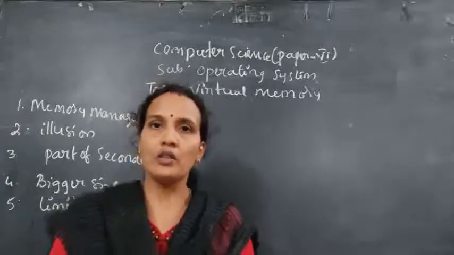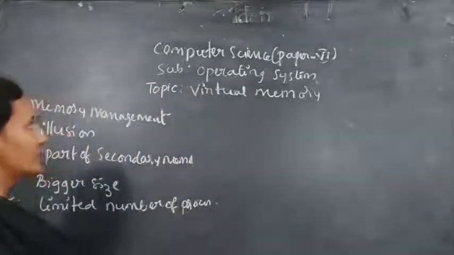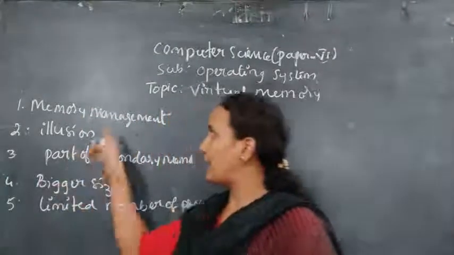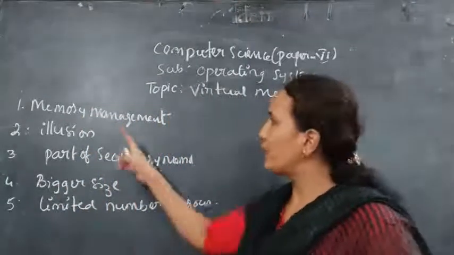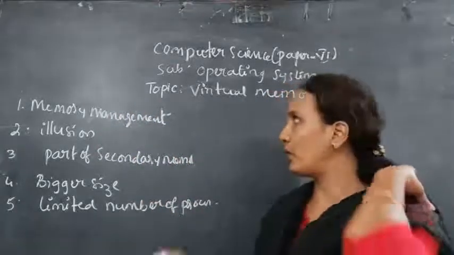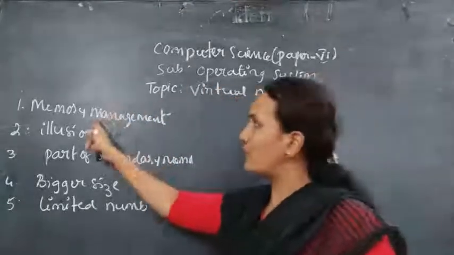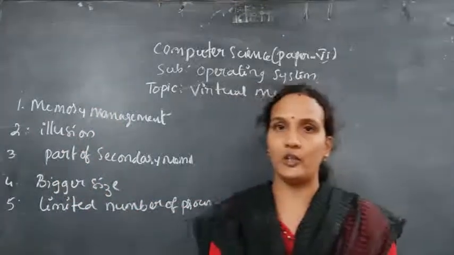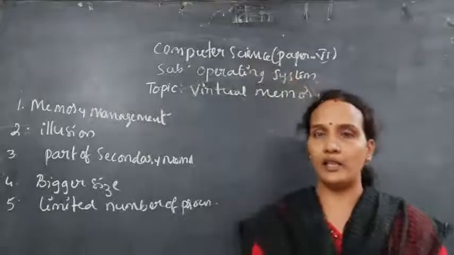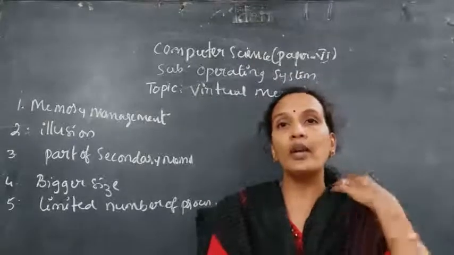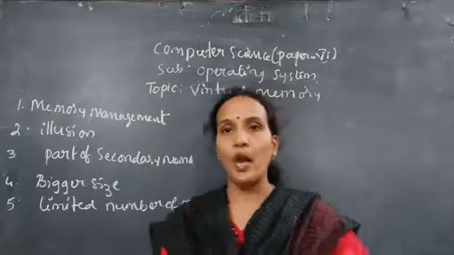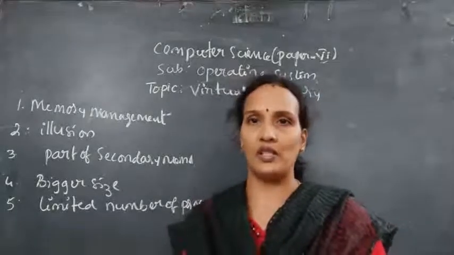Okay, so now let's go to the definition of the virtual memory. First here I have given a number of key points. In the key points itself you have a definition. Virtual memory: what is the first point? It is a memory management. Memory management means whenever any process wants to execute any program, how to allocate memory to that process, and when the process completes its execution, how to take back that memory from the process.